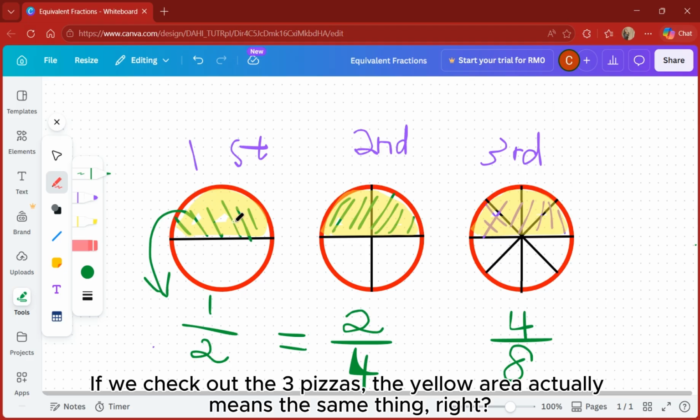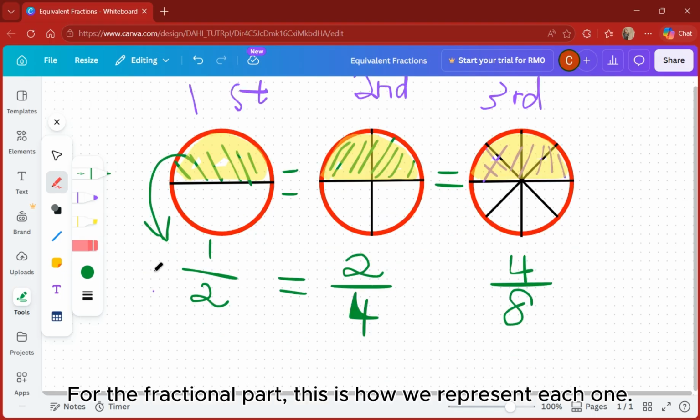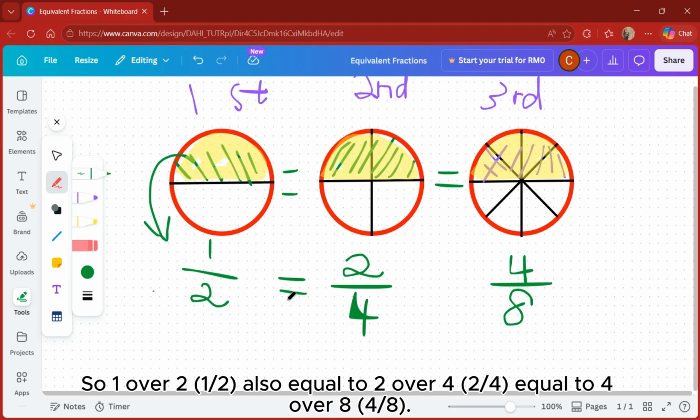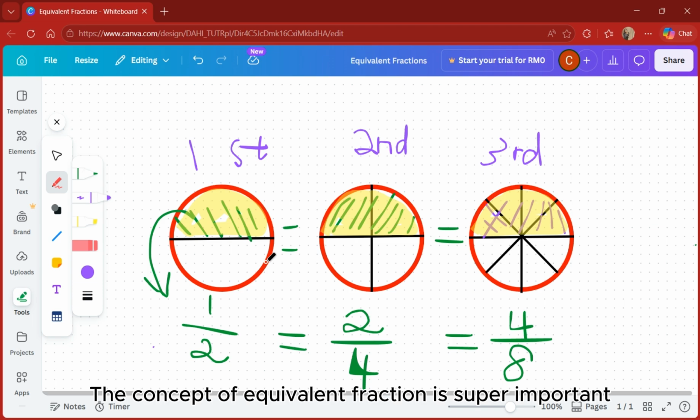If we check out the 3 pizzas, the yellow area actually means something, right? For the fractional part, this is how we represent each. So 1 over 2 is also equal to 2 over 4, equal to 4 over 8. The concept of equivalent fractions is super important.